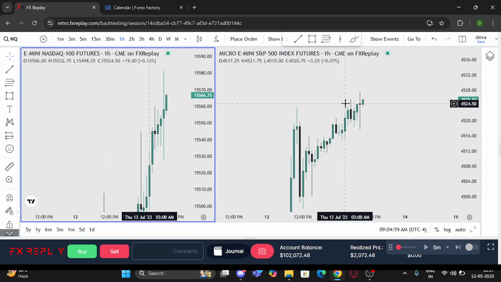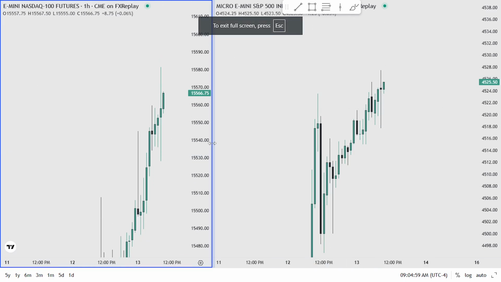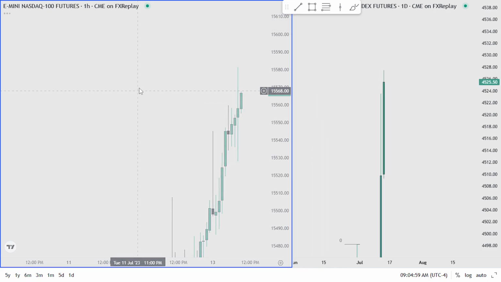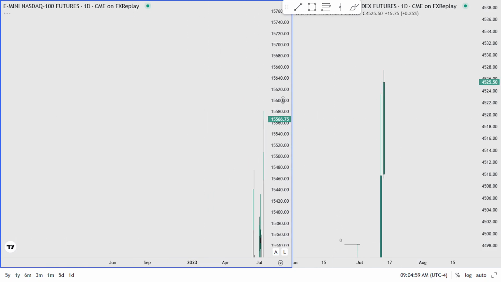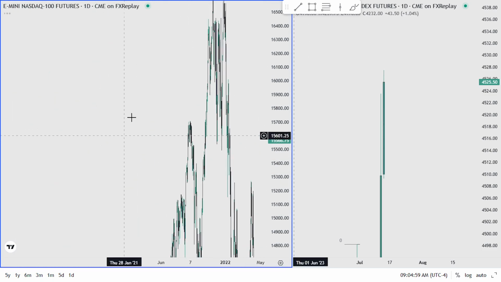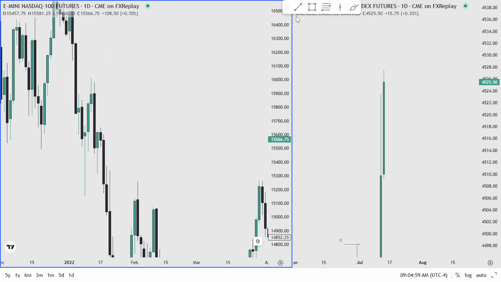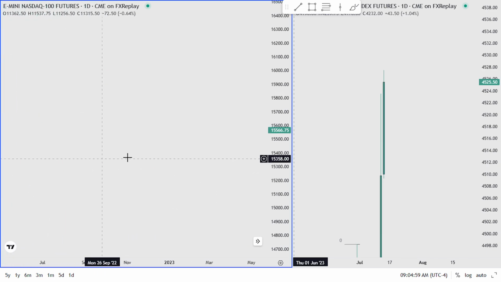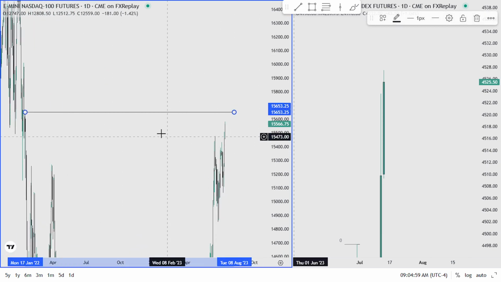Wait, let me just quickly check if we got anything here, because I can see something that has been manipulated. Okay, just took the draw on liquidity in the Nasdaq. It's been trending, and do we have this high? Oh yeah, we have this high.